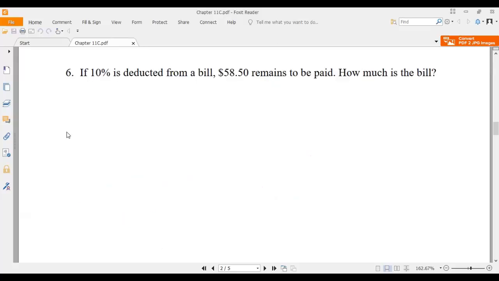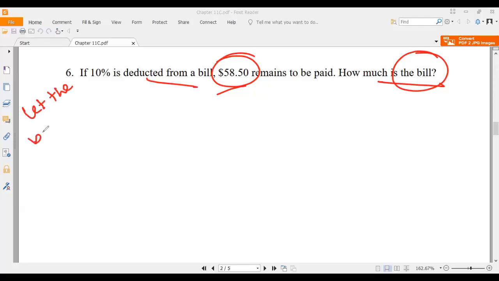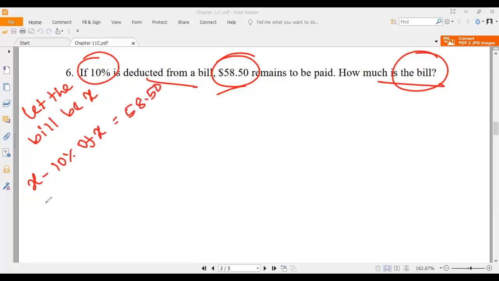Now, question number 6 says, if 10% is deducted from a bill, then 58.50 remains to be paid. How much is the bill? That means the original one should be found. So we can say, let the bill be X. Then 10% will be deducted. So X minus 10% of X, that means 90% of X will be 58.50.